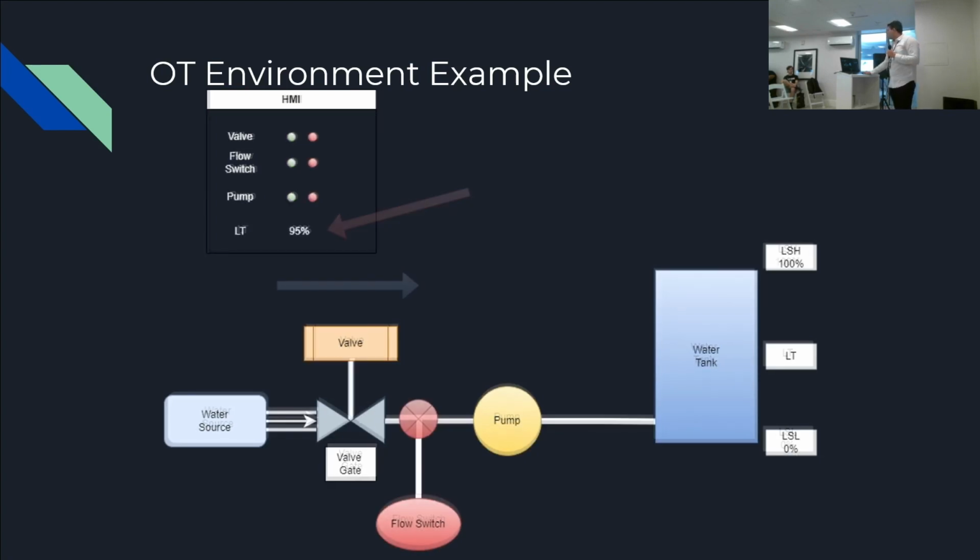Now, another thing is, because our objective is to maintain the integrity of the process and safety, not only of our operators but also of the equipment. If you don't have running water with a pump, well, that's going to be a bad day for everyone. So in our logic, on the PLC, we set the conditions that if the valve is not open and we don't recognize the flow switch, the pump should be off.